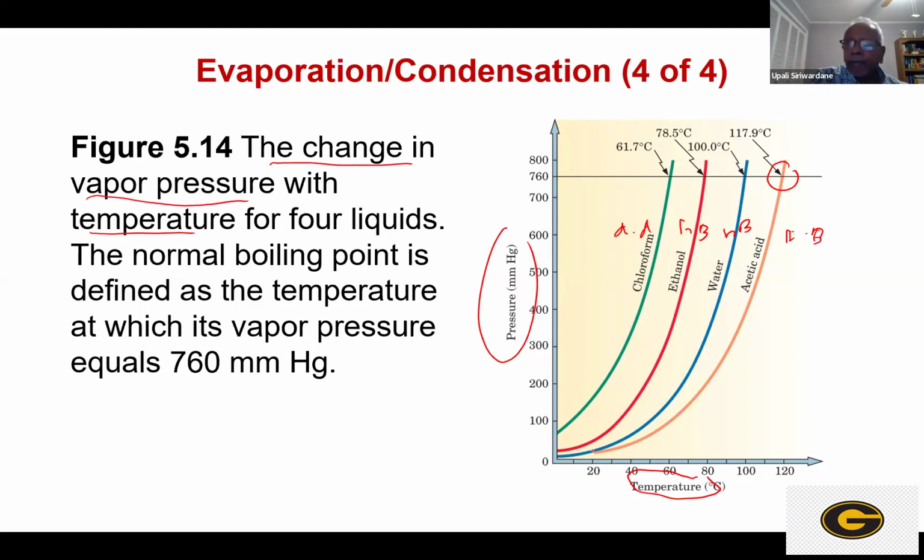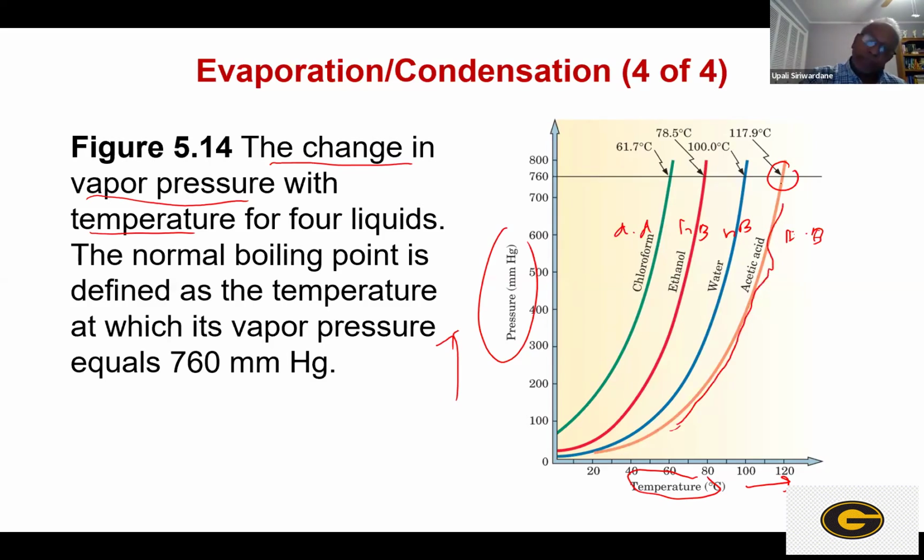Boiling point: the vapor pressure on the top of the solution increases as the temperature is increased this way. Vapor pressure increases with temperature for acetic acid going like this.